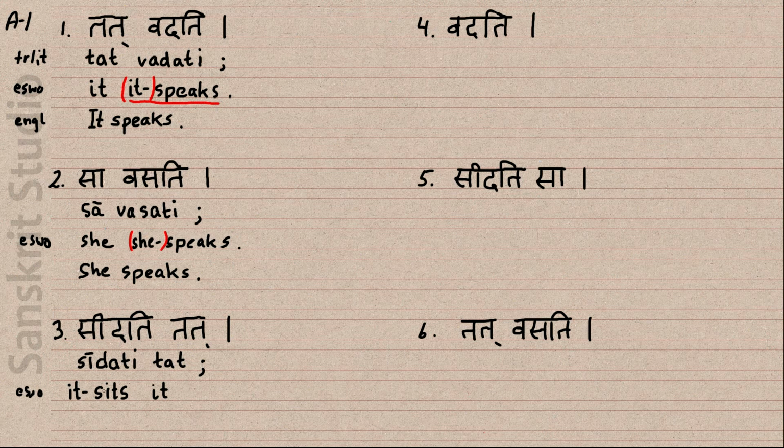And we note here that on the SWO line, I'm not switching the position of the words. So it speaks, it. And then when I do my English, I now write the right word order in English. It speaks it.